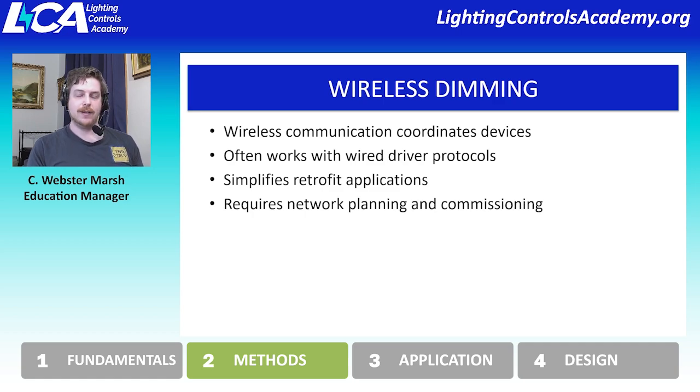But it does require planning and commissioning because wireless communication is reliant upon the space parameters. So if you're in a giant concrete warehouse and there's a lot of walls separating each space, you're probably not going to get really good coverage with wireless communication. Whereas if it were just a standard open office with some plaster between rooms, that would be a lot easier for a wireless signal to transmit throughout the space.